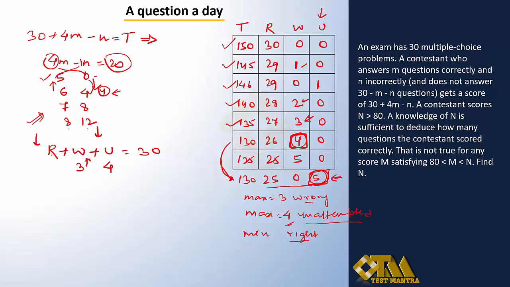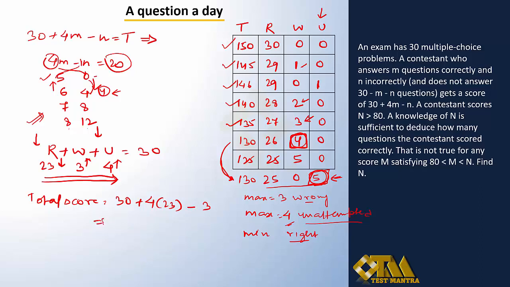So here, to get the minimum value, I should have minimum right attempts here. Maximum wrong attempt is 3. Maximum unattempted is nothing but 4. That means the minimum right attempt will be nothing but 23. This will provide me a unique figure, and that will be the minimum unique figure possible here as a score. So now let's see, my total score is supposed to be, total score now here will be nothing but 30 plus 4 into 23 minus 3 will be the value.